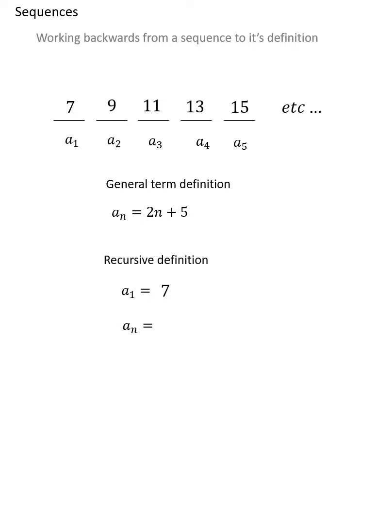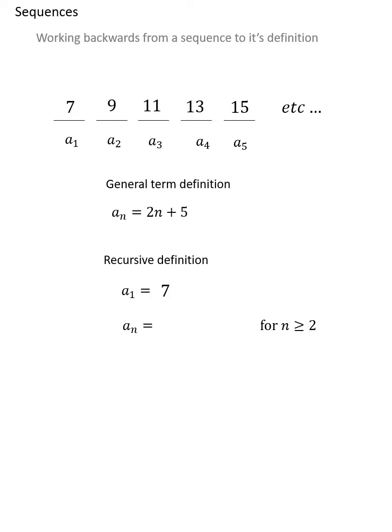Well, we know that the first term in this sequence is 7, so I'm going to start my recursive definition, term number 1 equals 7. Seems logical. But now I need to find a formula for all term numbers 2 or higher that will produce this.